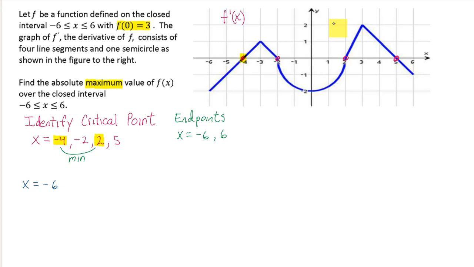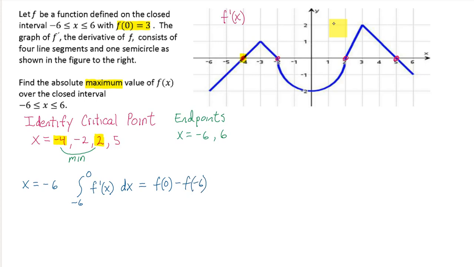If you think about this, the integral from -6 to 0 of f prime of x, because that's the graph that we have, times dx, is equal to f of 0 minus f of -6. Fundamental theorem of calculus.